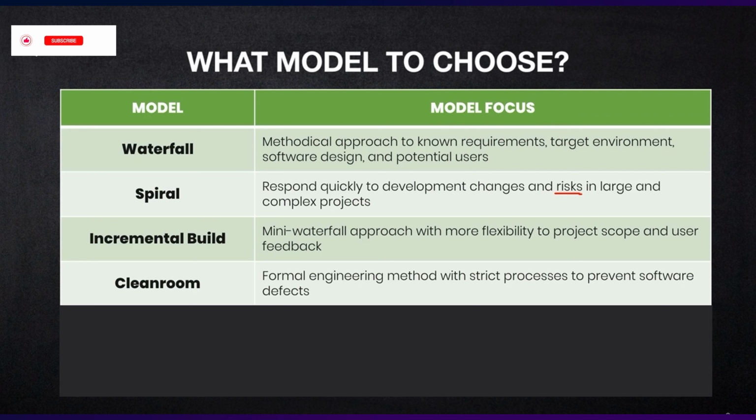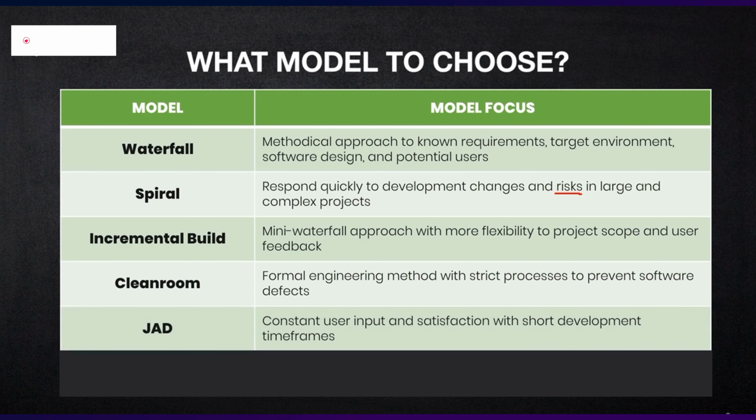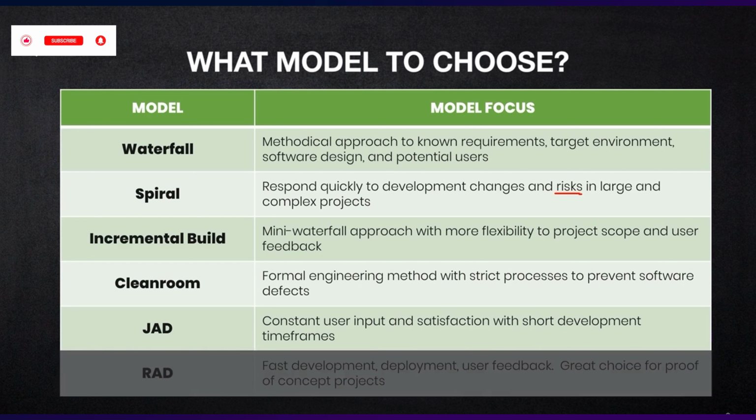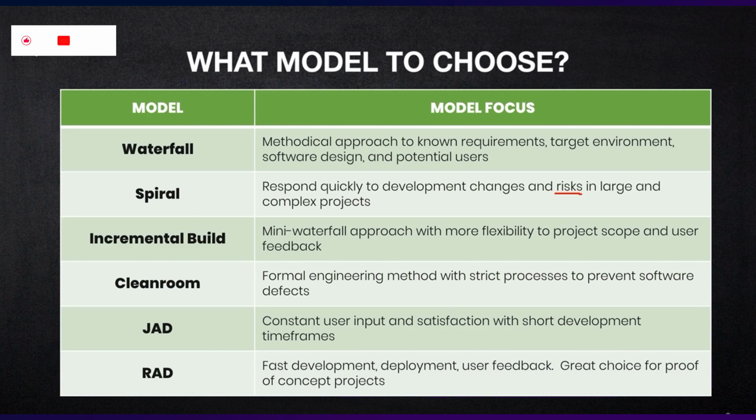And if we want constant user interface and satisfaction with a short development time frame, the JAD model would be our choice. Also, if we want fast development and deployment and fast user feedback, the RAD model would be the best choice, and this is your best choice for research and development and also proof of concept projects.